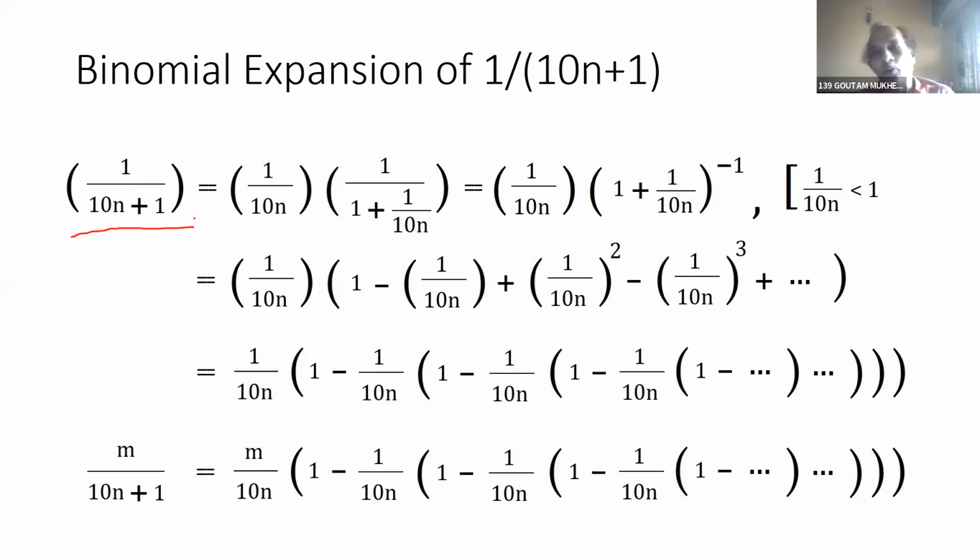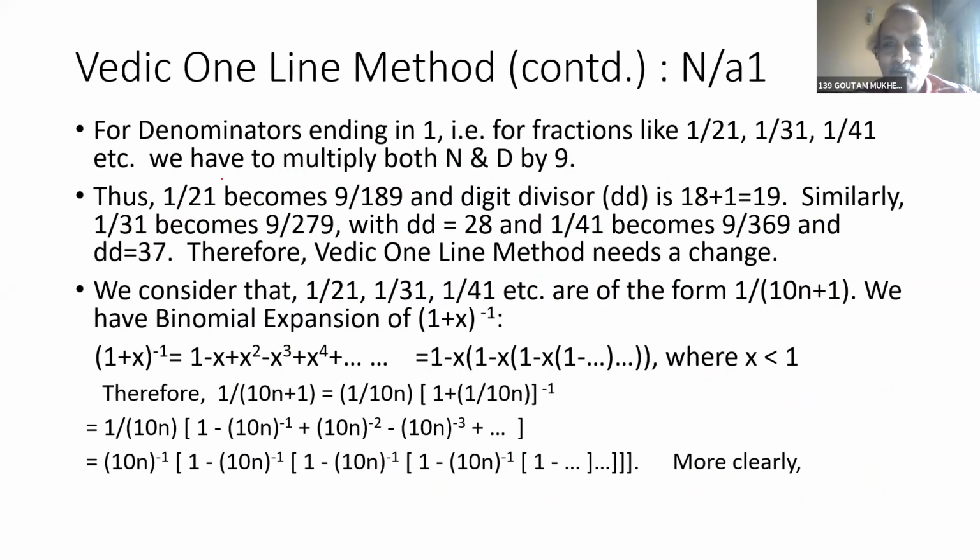Why did I come to this negative method? Can anybody please tell? Why, instead of this positive method, did I have to come to a different method for 1 by 29? Because I do not save anything by the previous method.